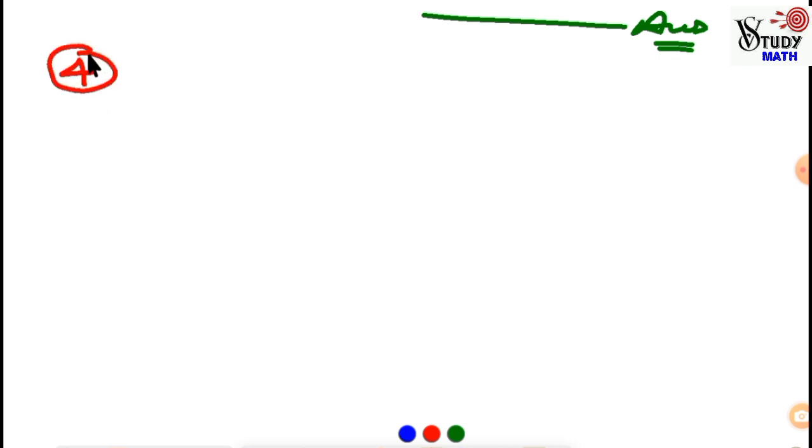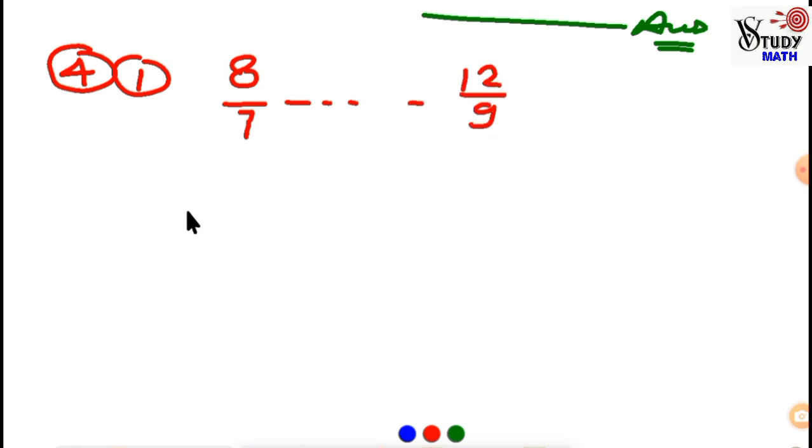In question number 4, we have to tell which symbol goes in the blank. Part 1: the given question is 8 upon 7 dot dot dot 12 upon 9, and we have to tell which number is greater and which is smaller in this particular problem. So how can we solve this problem?